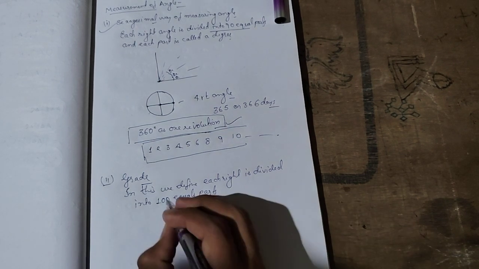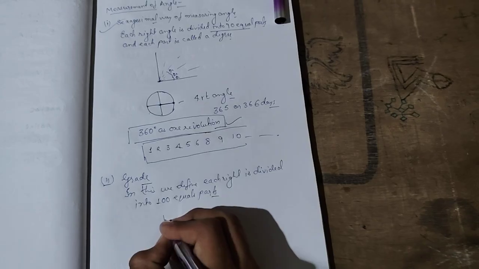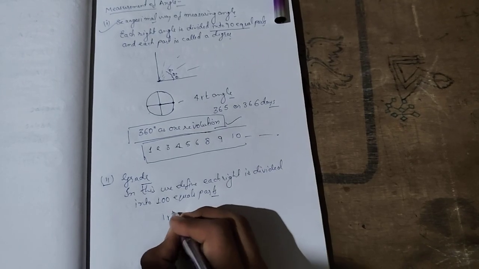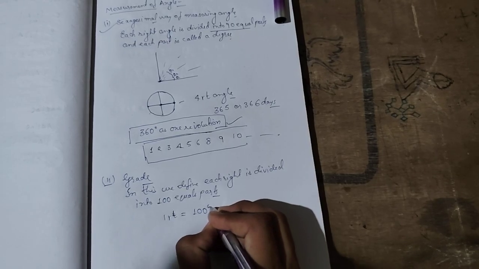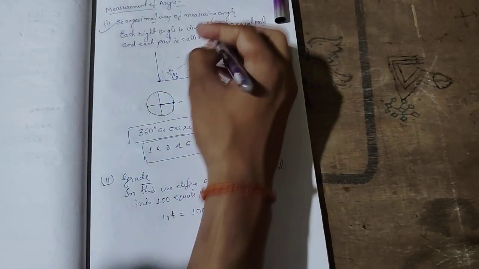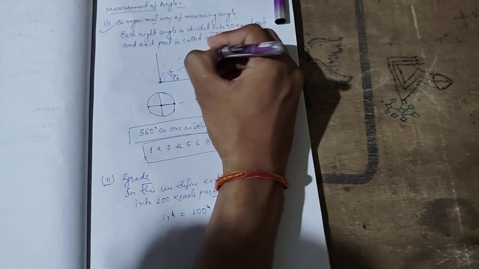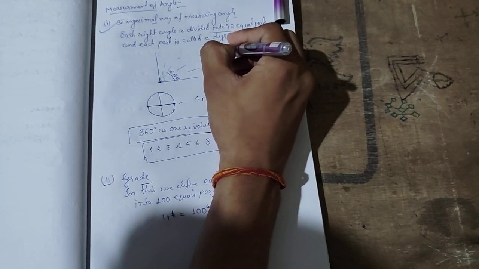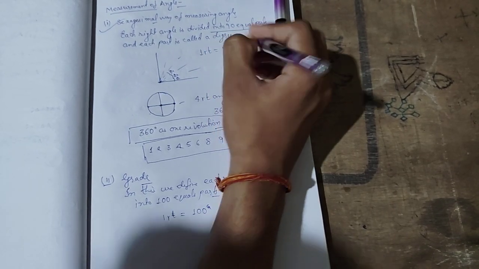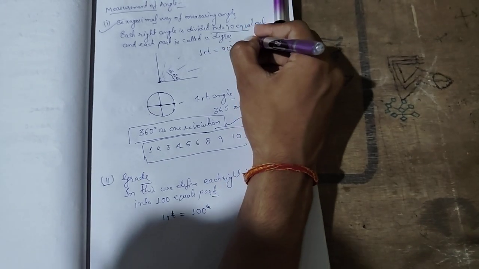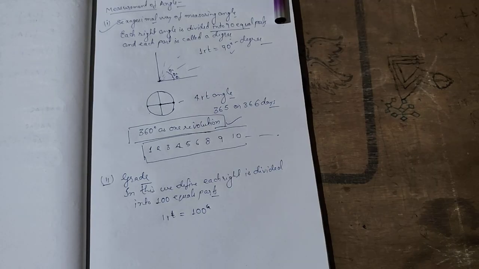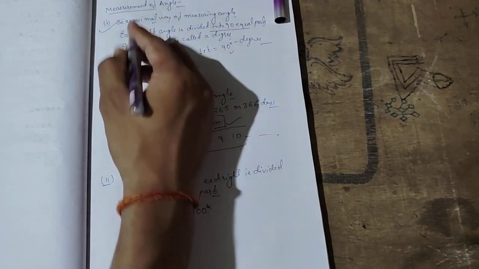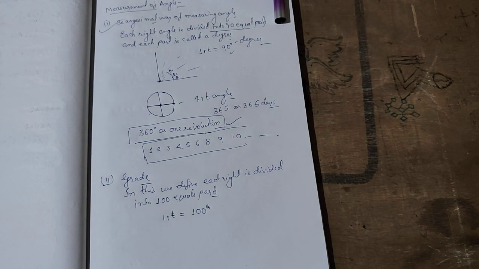One right angle is equal to 100 grades, whereas in the other system one right angle is equal to 90 degrees, and that's called degree. Nothing complicated, and that's how we define measurement of angles.